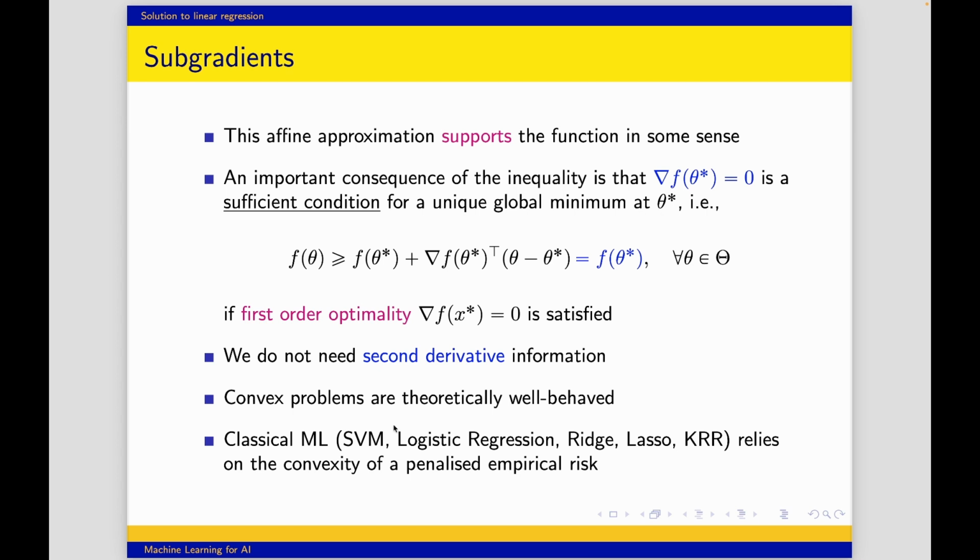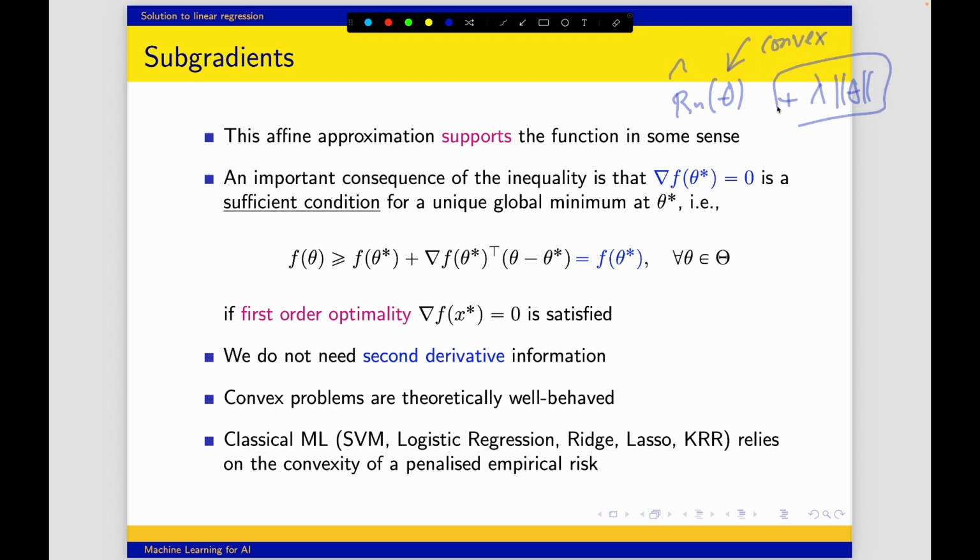Now, classical machine learning relies on the convexity of our penalized risk. So the penalized risk is our r hat n, which is a function of theta. This is convex, plus some penalty. Normally that's a norm penalty, so it's some norm of theta, I'm not going to specify which one, times some lambda.